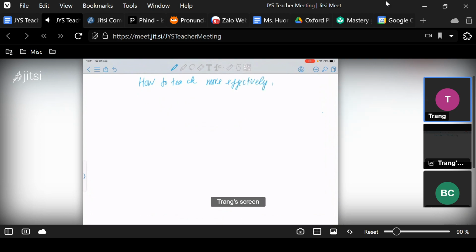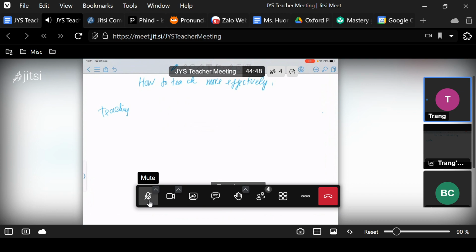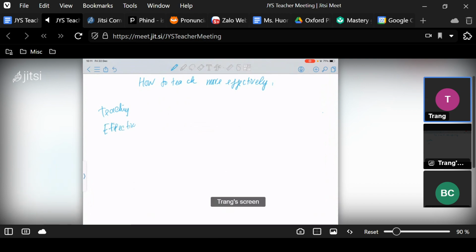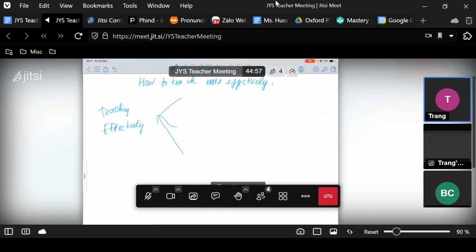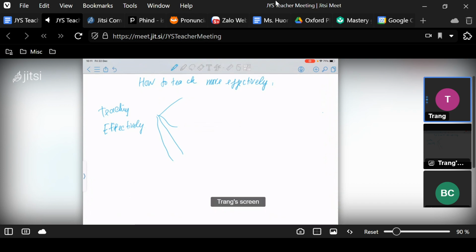The first thing I want to share is about teaching effectively. Teaching effectively involves a combination of four things. I think the first thing is pedagogical skill.